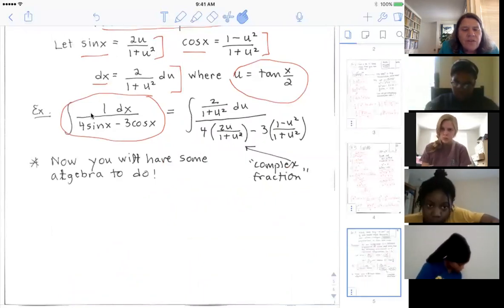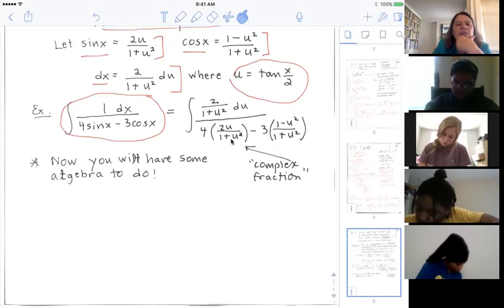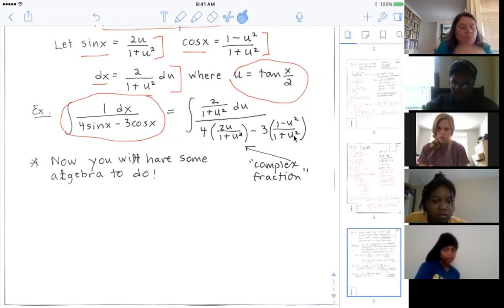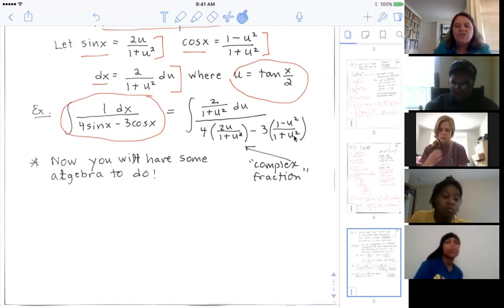In the place of cosine, I'm going to put 1 minus u squared over 1 plus u squared. Now, I'm just going to plug those things in that I suggested to you. This is one of those miscellaneous substitutions, and see how it works.